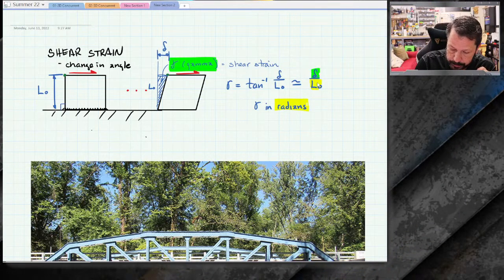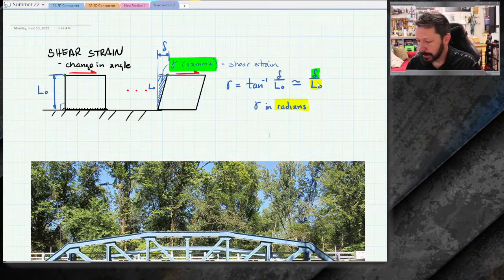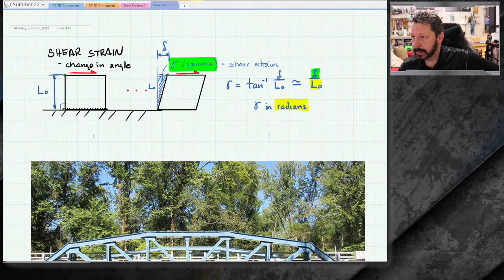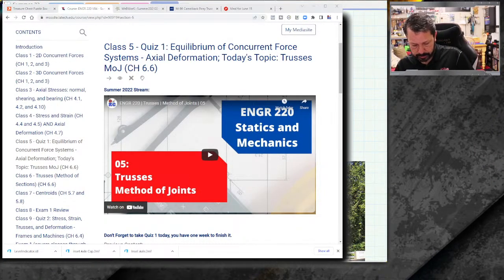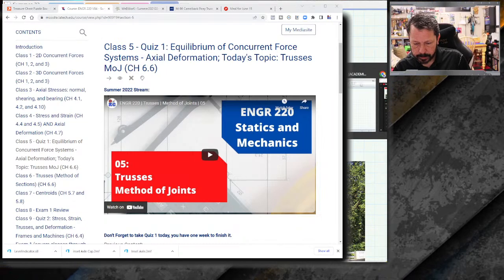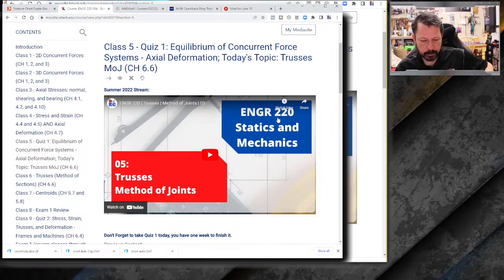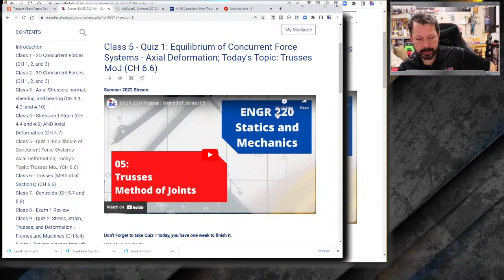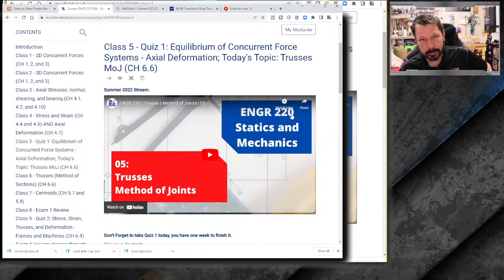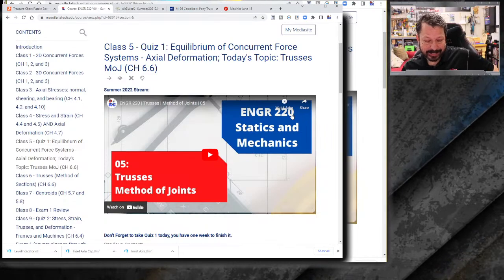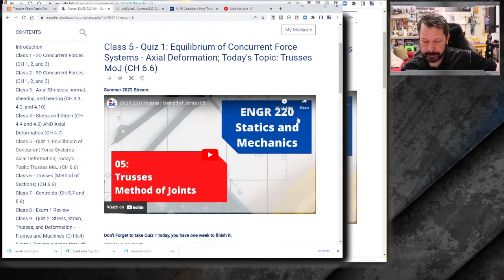Speaking of other things, you've got 2 homework assignments, homework 5 and 6. I am going to switch back over to the screen here now on purpose. Homework 5 is more of the axial deformation, just more problems along that line. Homework 6 is the new stuff for today.